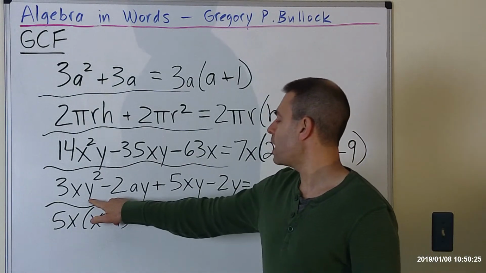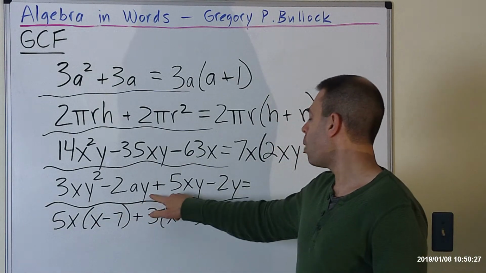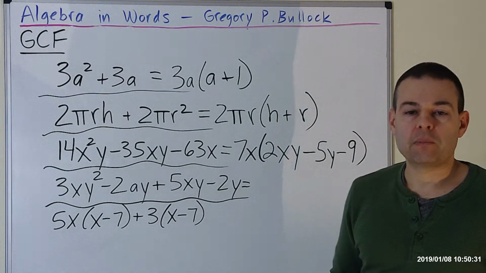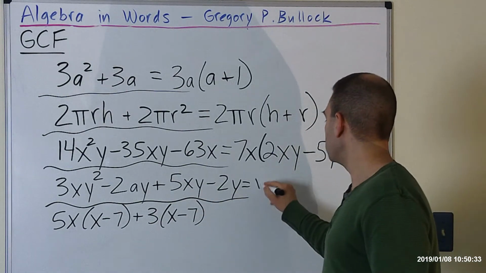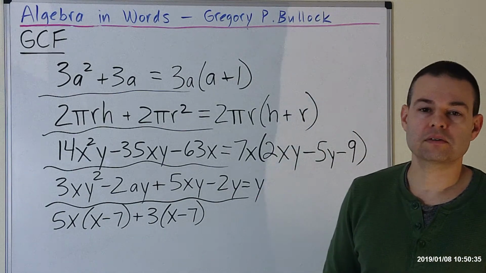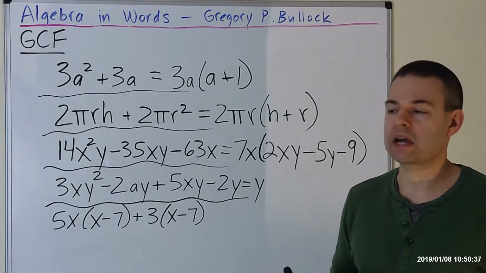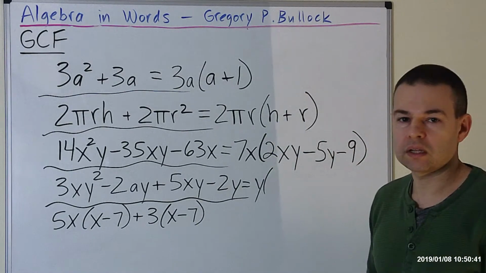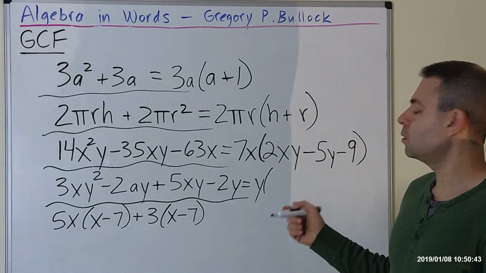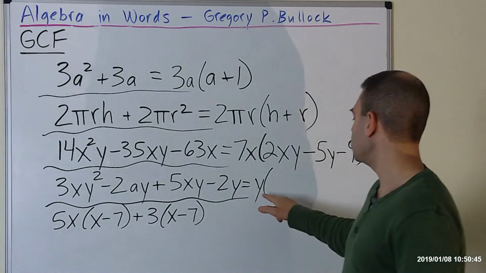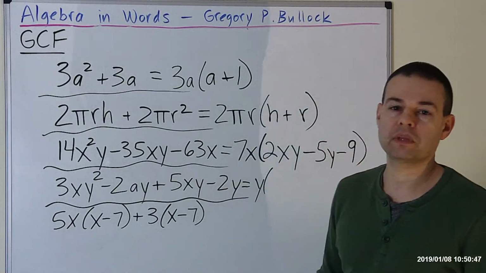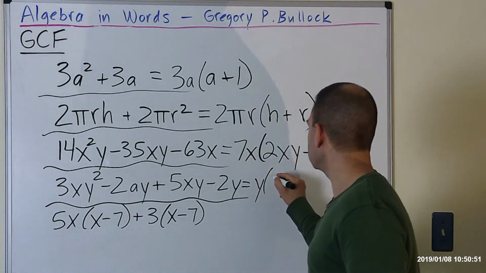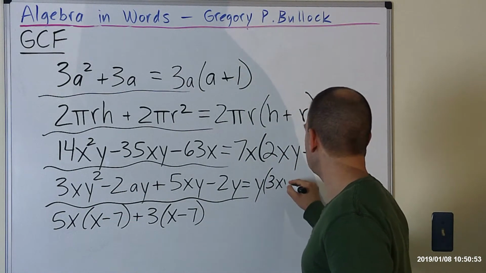Then let's look at the y's. Y squared, y, and y. That is a common factor. It's the only common factor of those terms, and it happens to be the greatest common factor. So we write the y, write the parentheses, and let's try to squeeze in on the board space the factors that remain when we divide y out of each term from left to right. 3xy squared divided by y is 3xy.